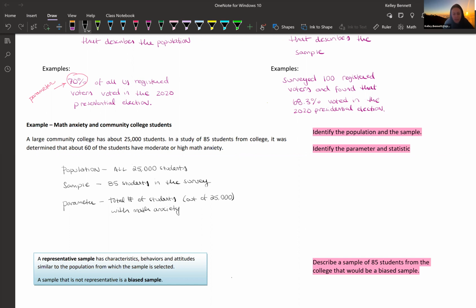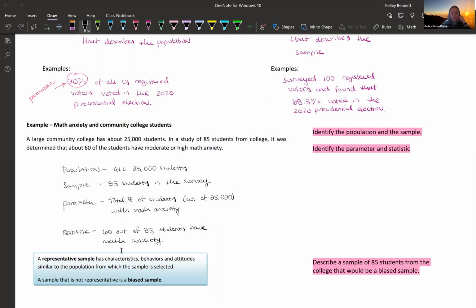But I don't have that information. So I go to my sample and I get my statistic, which was that 60 out of 85 have math anxiety. And so hopefully if my sample is good, then that 60 out of 85 as a proportion will translate nicely into the actual proportion of the population.